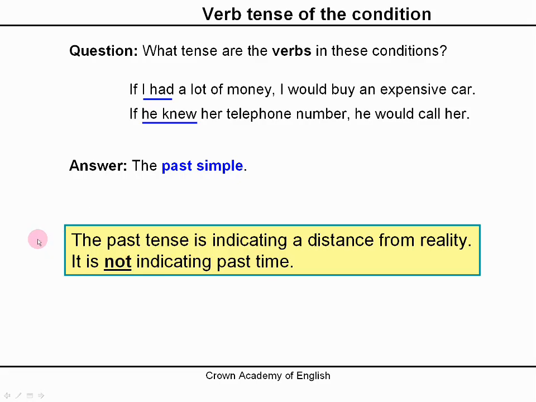The form is the past simple, but the meaning is not the past. The meaning is, in fact, the present or the immediate future. But it is the past simple to show that we are far from reality. Okay? It is an unreal situation. That is why we use the past simple. But it is not the past time.